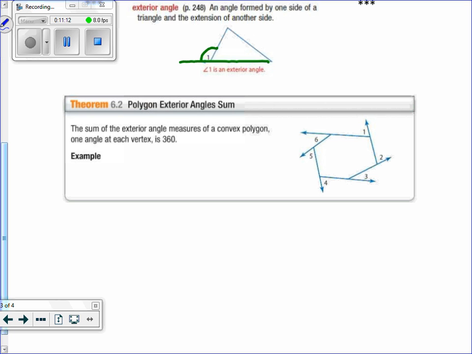You can see that we have a six-sided figure, that's a hexagon, and then we can create 6 exterior angles with that figure. And so those are our exterior angles there.